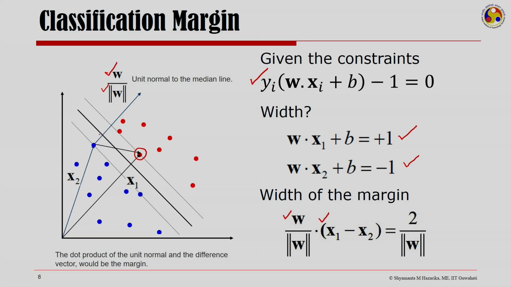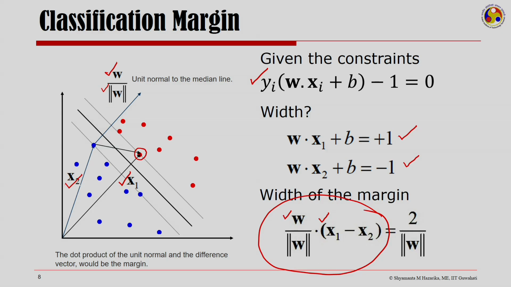This value I end up with, the difference of the two vectors x1 and x2 of the two samples lying at the two boundaries, when I take its projection with the unit normal to the median, gives the width of the margin.